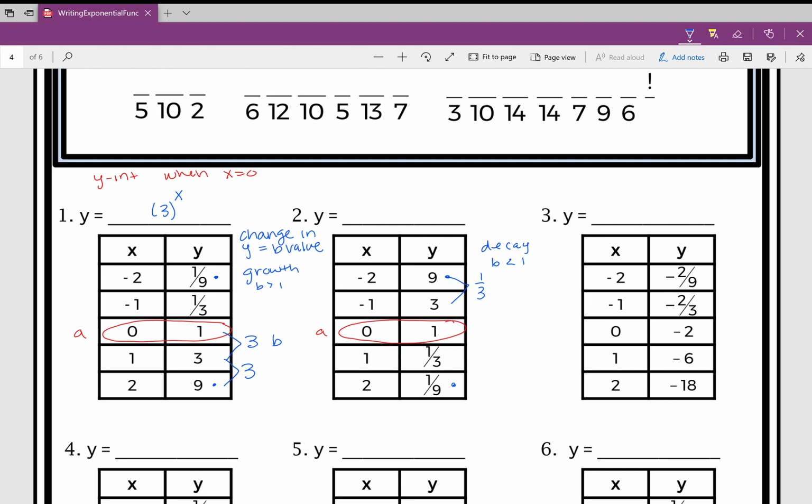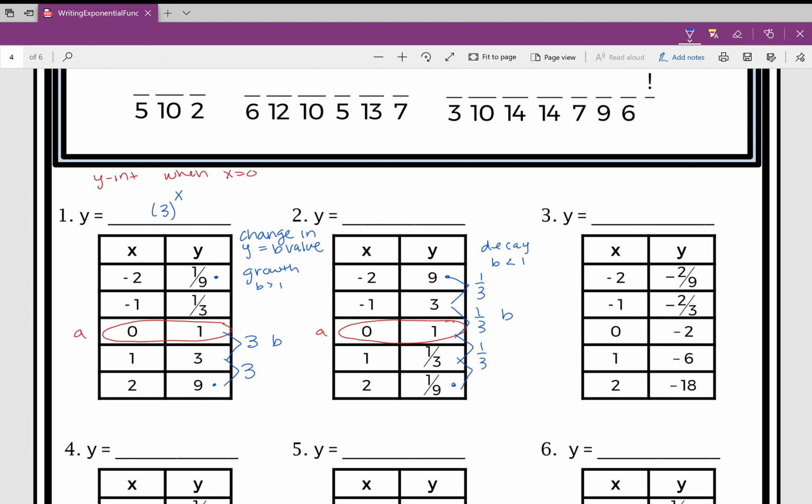You can check that on your calculator if you like. And then if we continue going down, 3 times 1/3 is 1. 1 times 1/3 is 1/3. And 1/3 times 1/3 is 1/9. So we know that 1/3 is our decay value, which is b.